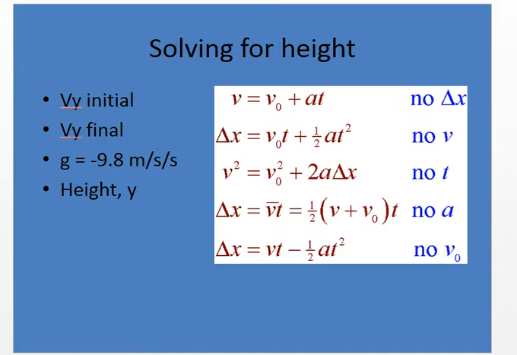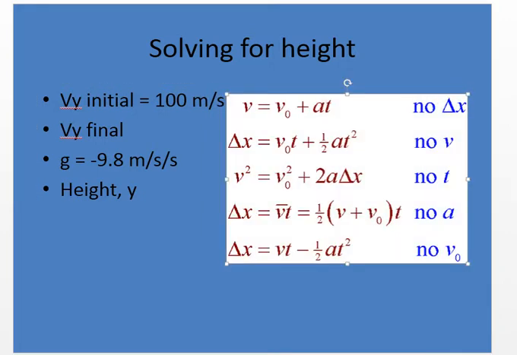So I knew that its initial speed was 100 meters per second, right? And I knew that at the top, its speed is 0. So if I'm looking for its height, I don't need to go all the way to where it lands. I just need to go from where it starts to the top.